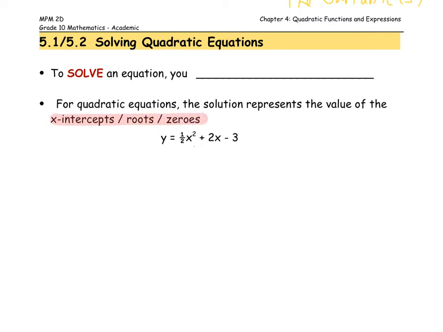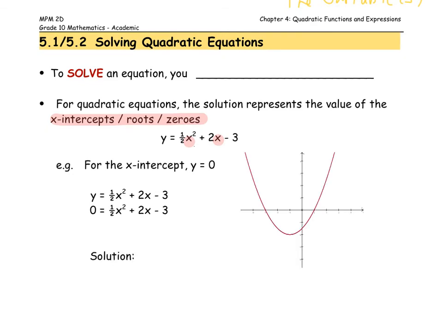They're also sometimes referred to as zeros. So in other words, in this function here, y = 1/2x² + 2x - 3, when I solve for x, then what I'm solving for are the roots. That's it. So let me explain a little bit more about how that works.